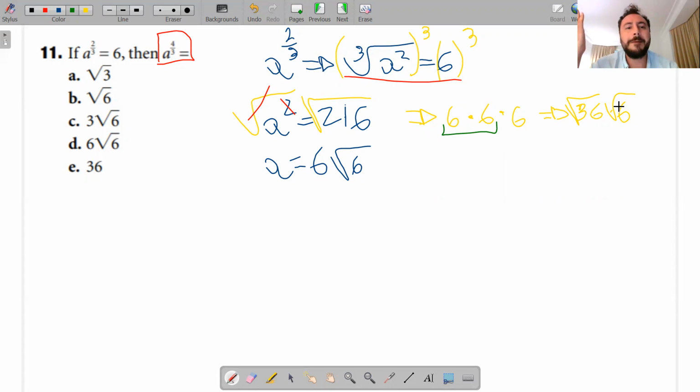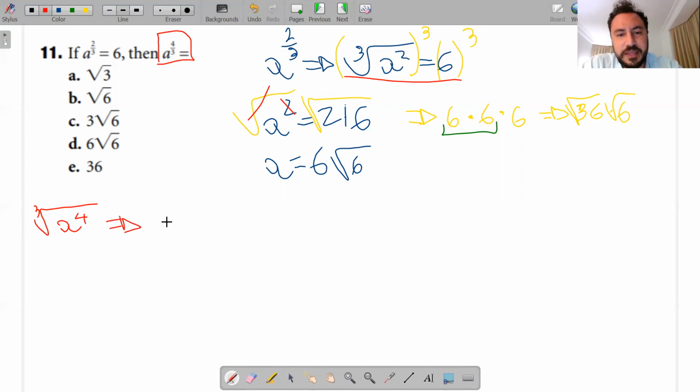Now I need to find my value of a to the power of 4 over 3. What does a to the power of 4 over 3 mean? It means the cubic root of a to the power of 4.